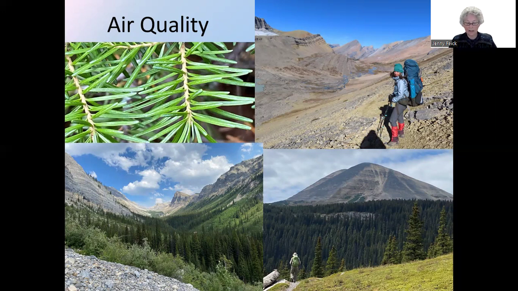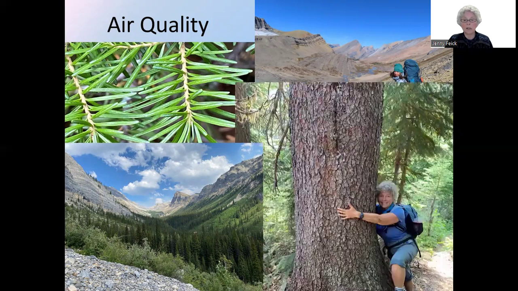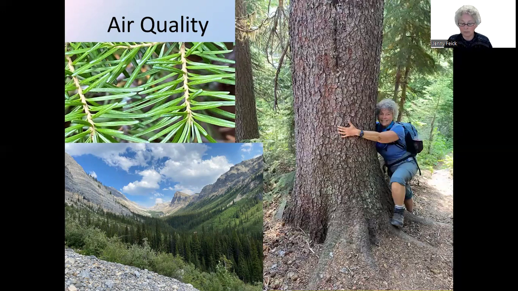Inhaling the phytoncides found in coniferous forests helps to calm our nervous systems, reducing both psychological and physiological stress. Evergreen conifers, including pine, cedar, spruce, and fir, produce the most phytoncides. So walking through the subalpine and montane forests that flank the GDT offers immediate and immense health benefits. Trees really are worth hugging.